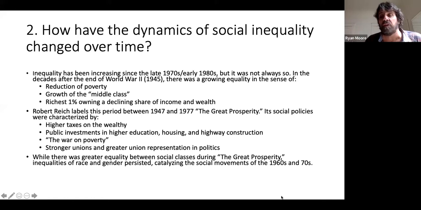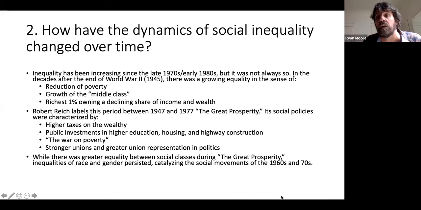So in the film that you watched, Inequality for All, Robert Reich talks about this period between 1947 and 1977. Those are the years that he demarcates it. He talks about this period as the Great Prosperity. And in this time, we had social policies that were characterized by much higher taxes on the wealthy, first and foremost.